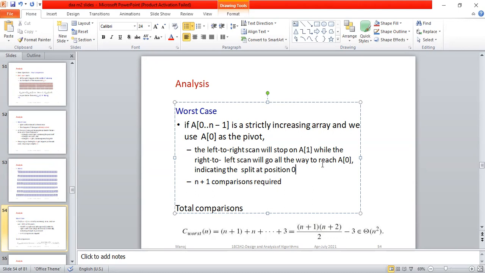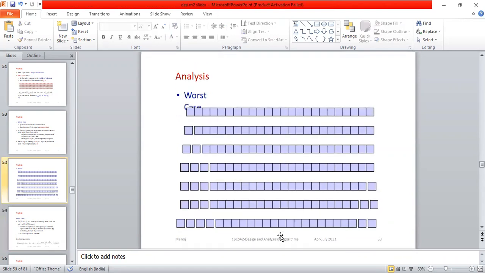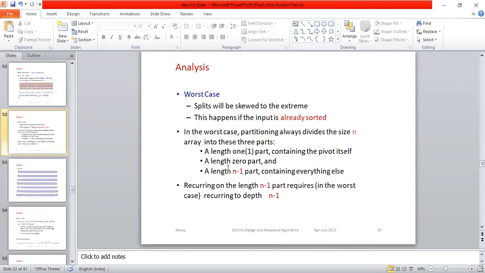So totally how many comparisons are you getting? For right to left, you are starting from last to first, so it is n. From left to right, it will stop at A of 1, comparing A of 0 with A of 1. So that is n plus 1 comparisons. Okay, so n plus 1 plus n up to 3. Can anybody tell what this 3 is? That 3 is this one: the left part, 1, the 0 part, 1, and the n minus 1 part, 1.